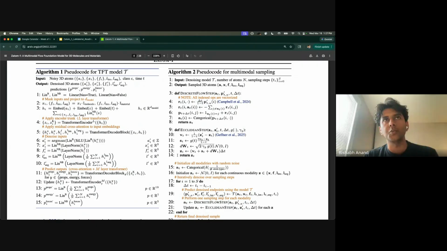Something else we're thinking about is what it would look like to take the transformer trunk and, instead of the MLP, have an MoE layer. One can envision having experts specializing in different subsets of atoms, or depending on your modality, molecule or material.